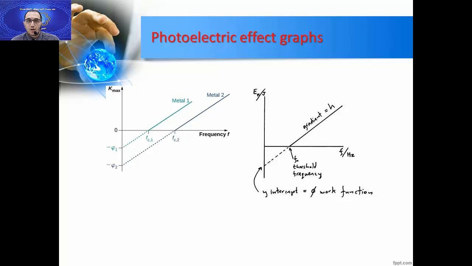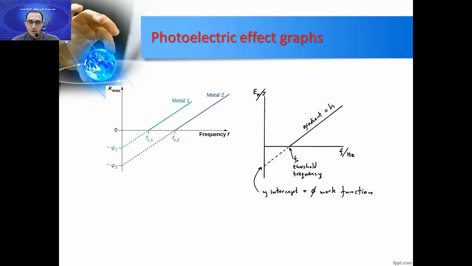Look at these photoelectric effect graphs. When we draw the graph between Ke maximum and frequency, we find that we have different metals. This is metal 1 and this is metal 2. This is the relation between Ke and f. Why does it look like this? Look at the equation as we said before: E equals phi plus Ke.